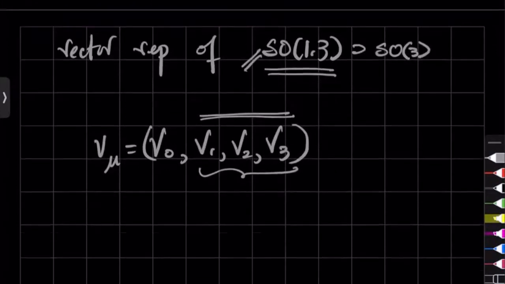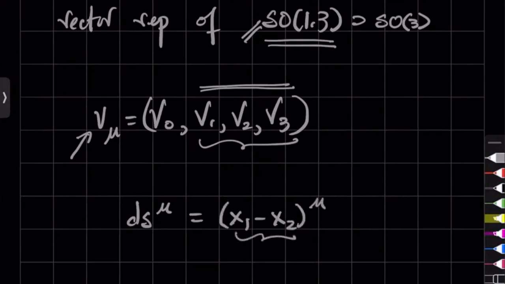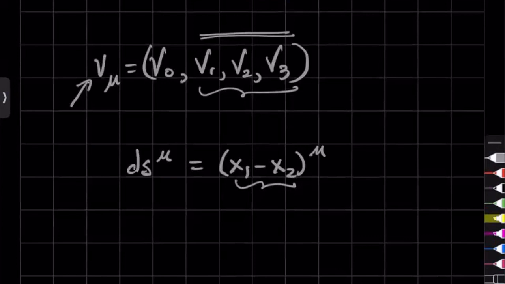So we need some kind of a vector. So for example, if I take, say, ds^mu, which is, say, (x1 minus x2)^mu, so these are 2 coordinates, right? Now this thing under Lorentz transformation goes like this, right?